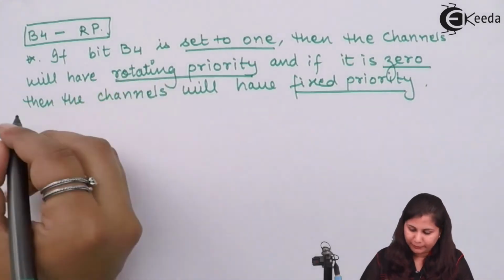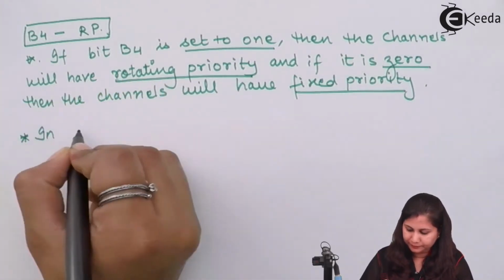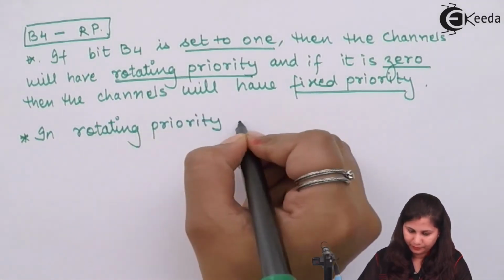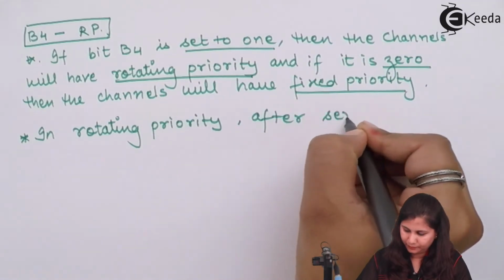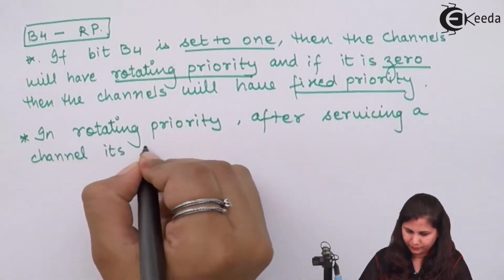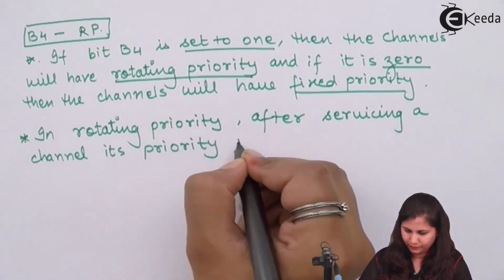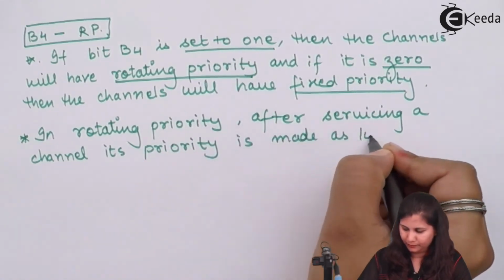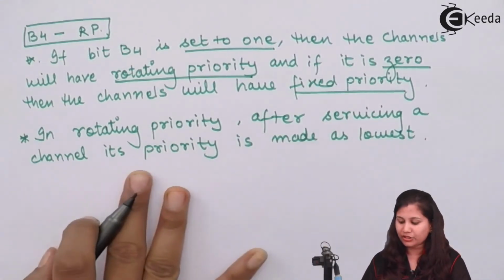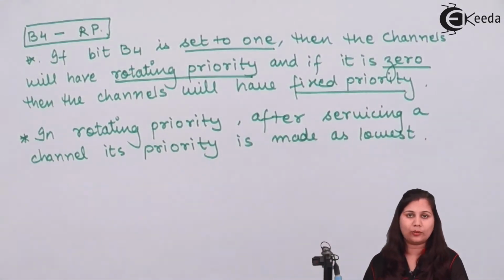So in the rotating priority, after servicing a channel, its priority is made lowest.